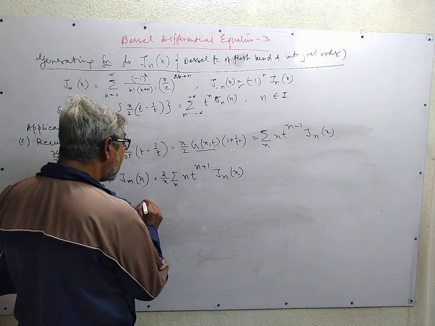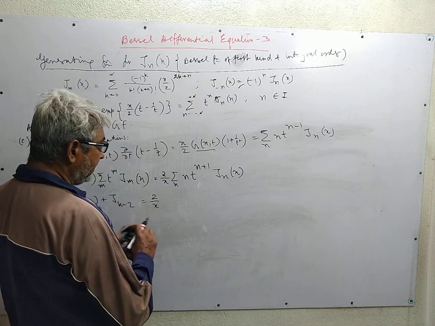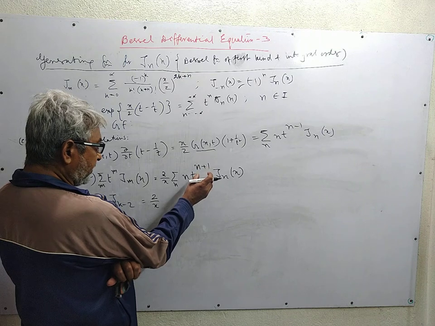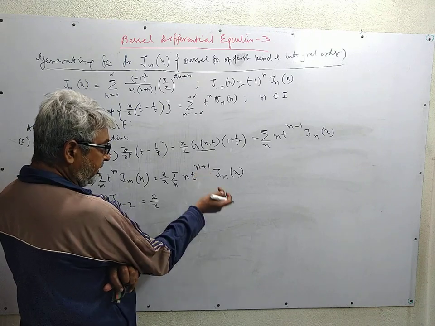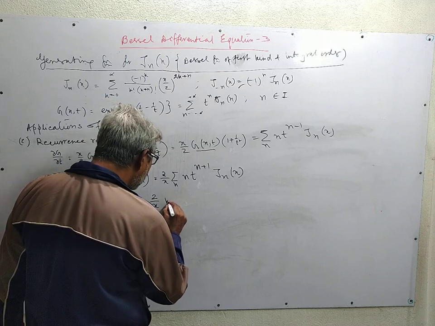And on the right hand side we have 2 upon x, and this contributes to t to the power k when n plus 1 is equal to k, that is n is equal to k minus 1.